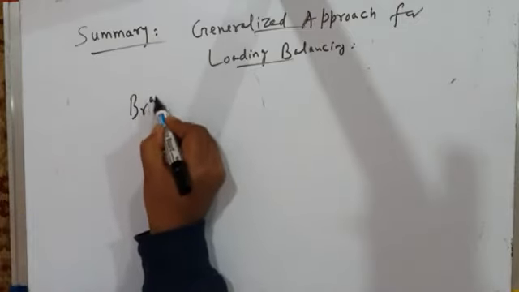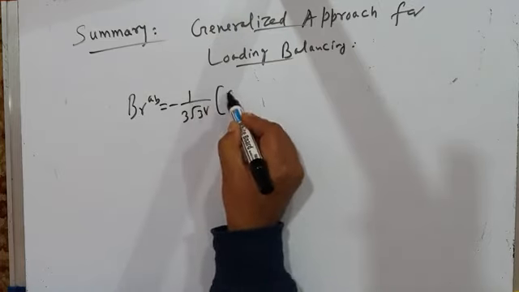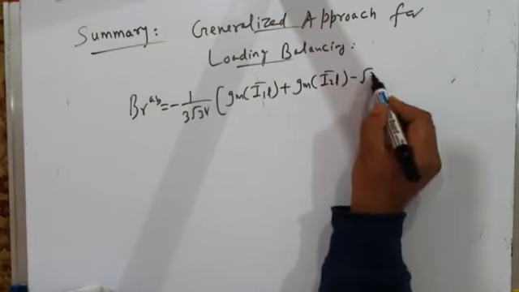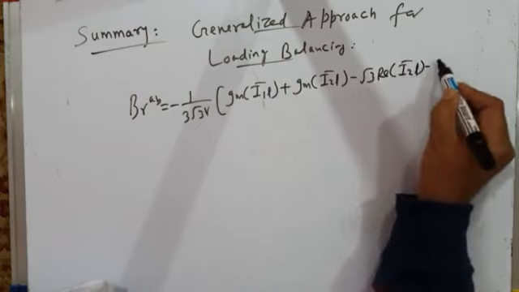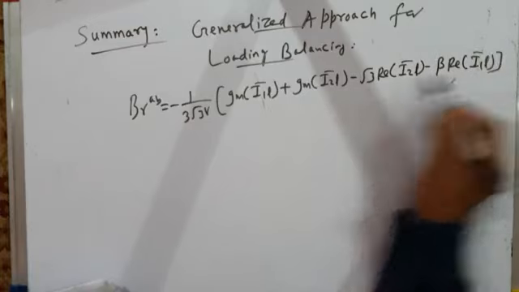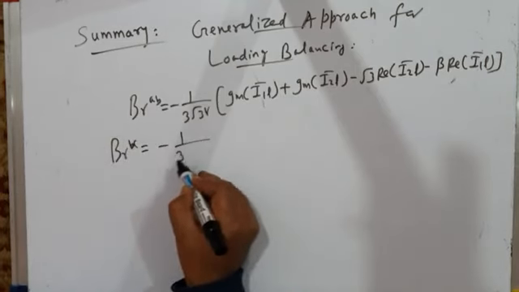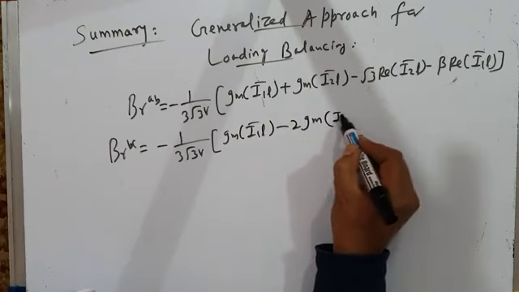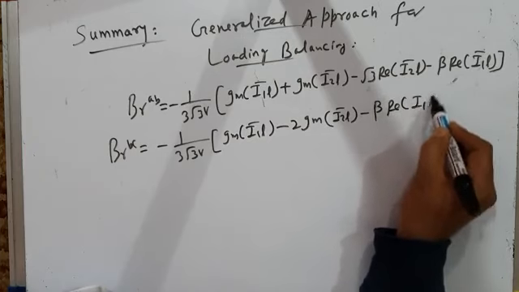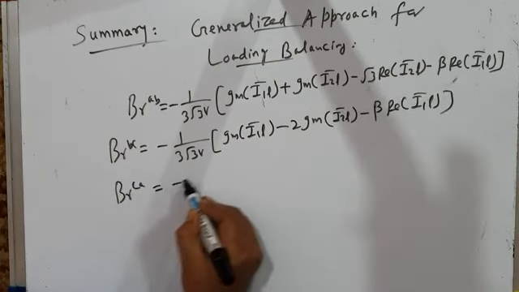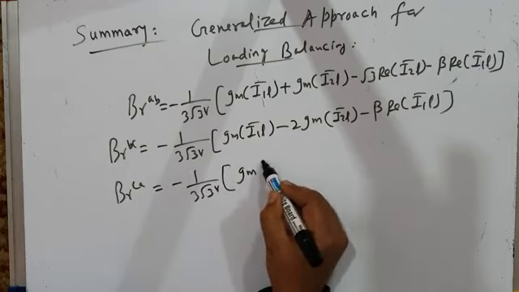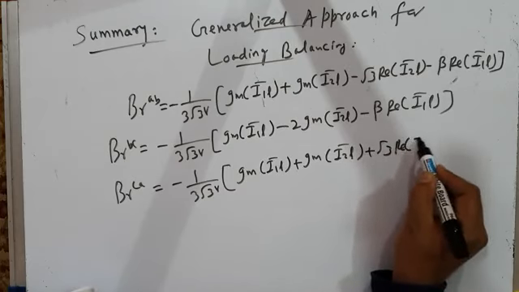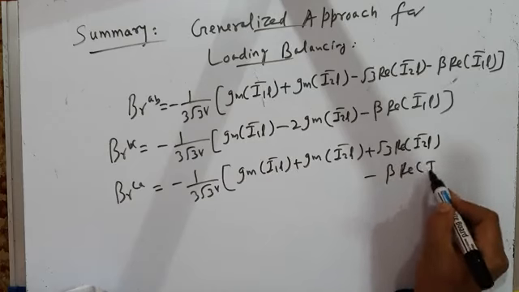If you remember, B gamma AB was equal to minus 1 by 3 root 3 V times imaginary part of positive sequence component of load current plus imaginary part of negative sequence component of load current minus root 3 into real part of negative sequence component of load current minus beta into real part of positive sequence component of load current.